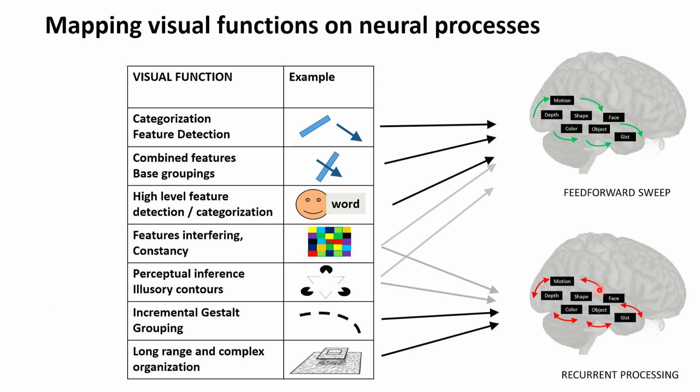So if we map these visual functions on different neural processes, which has been done, I mean, in that sense, visual science is way more advanced than any other sensory system we know. What you typically see is that categorization, feature detection, but also these base groupings and also high-level feature detection and categorization is typically done in the feed-forward sweep.